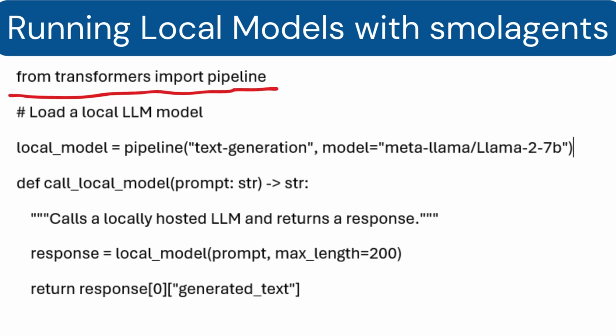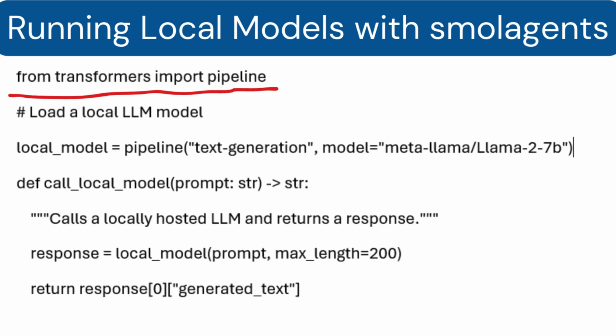Step 1. Importing the required library. From transformers import pipeline. Here, we're importing the pipeline function from the transformers library. The pipeline function is a high-level API that makes it easy to use pre-trained AI models without writing a lot of extra code.